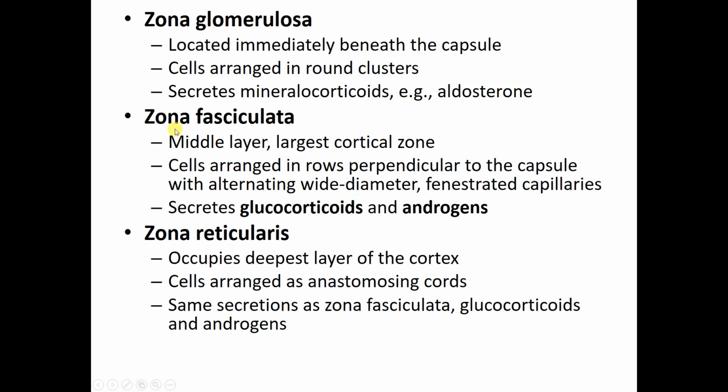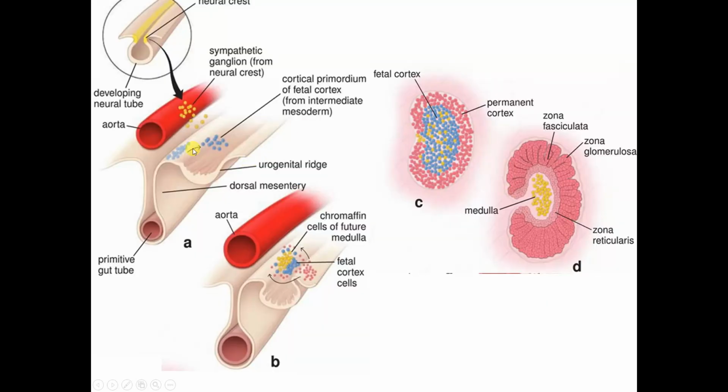Okay, then these zones are discussed. So this is the embryological development. You might not remember, but we should discuss it. During embryo folding, the urogenital ridge forms. As the name implies, the urogenital ridge is responsible for formation of urinary organs and also genital organs.